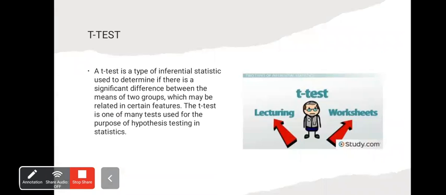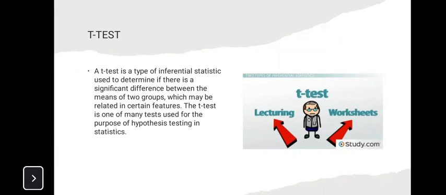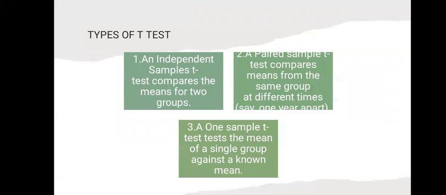Now, a little about t-test. T-test is a type of inferential statistic used to determine if there is a significant difference between the means of two groups, which may be related in certain features. The t-test is one of many tests used for hypothesis testing in statistics. Three types were explained.